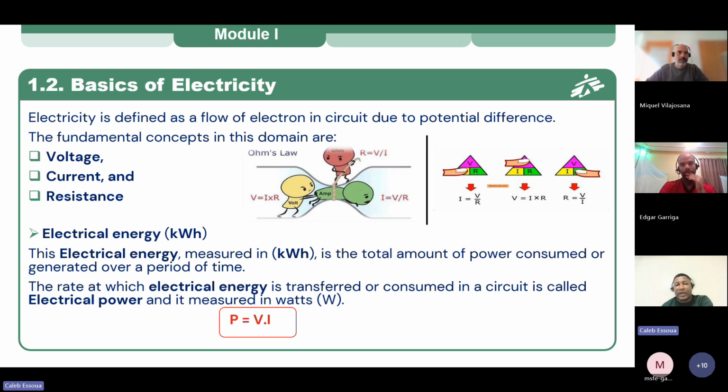Okay, you are right. Electricity is defined as a flow of electrons in a circuit due to potential difference. And the fundamental concepts in this domain, can some of you name them? Yes, Ferozi, you can go ahead.